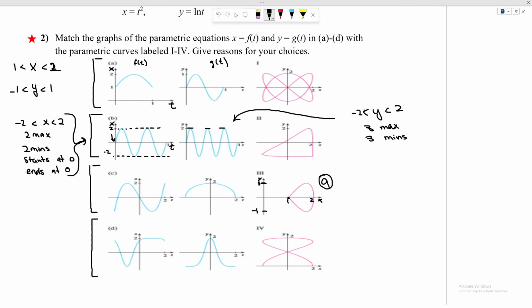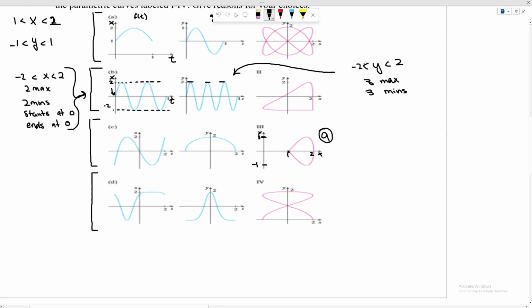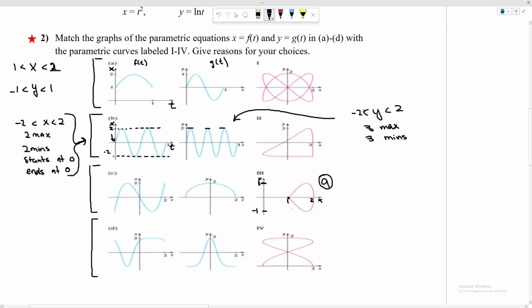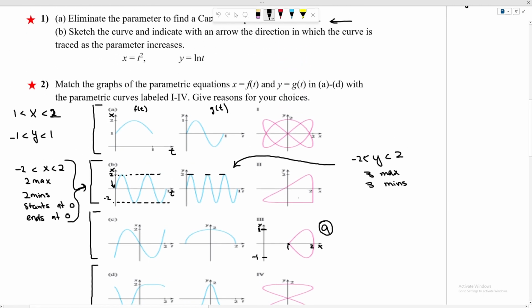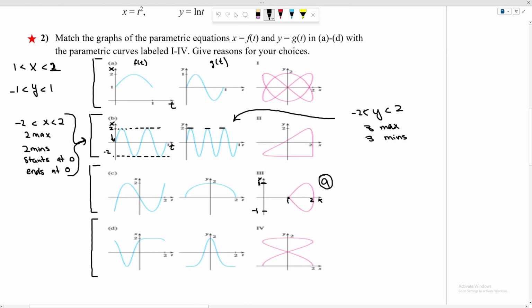Well, not literally infinite max, but you get the point. And my minimum for the y is an infinite minimum, so it's definitely not that one. This one, my x is between 2 and -2, and it's the same thing. I don't have my max and mins. But you see this one here, I have 1, 2, 3 max on the y. I have 1, 2, 3 mins on the y.